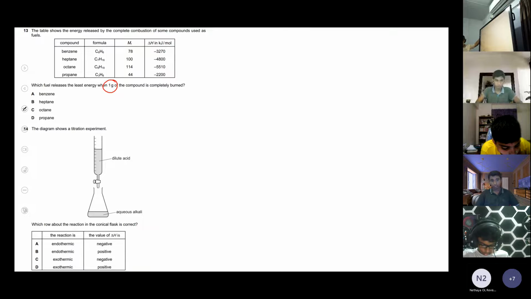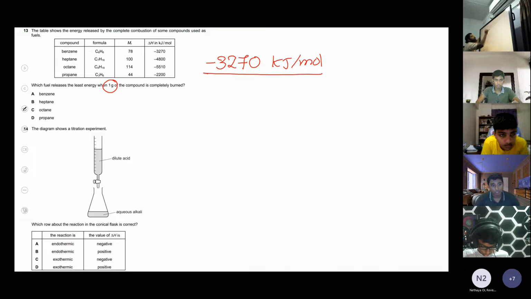They are asking what if you burn 1 gram, right? Use maths. This is minus 3270 kilojoules per mole. That is energy per mole, so divide by the molar mass.